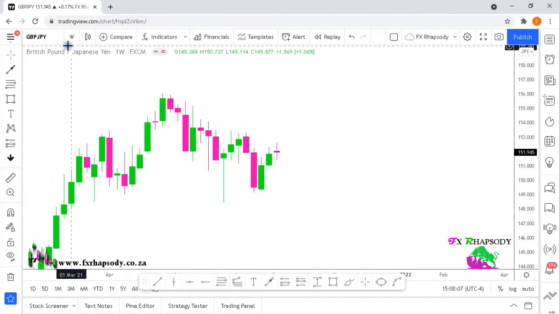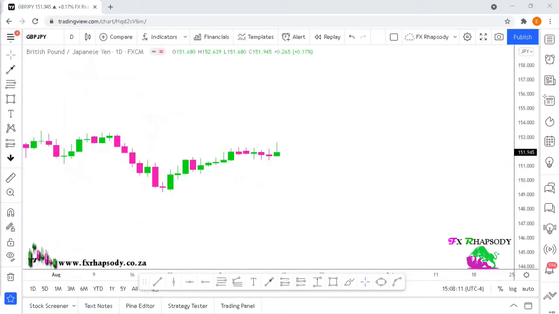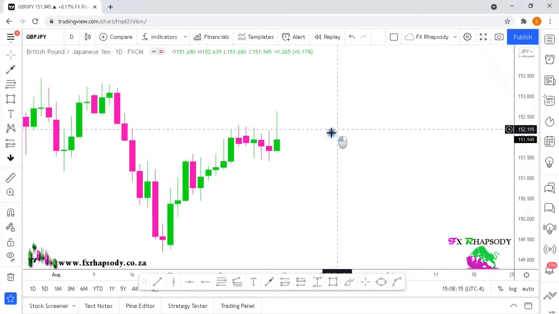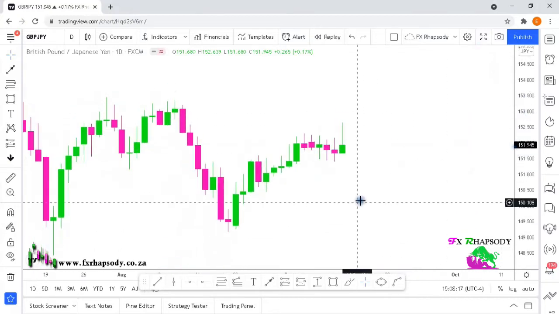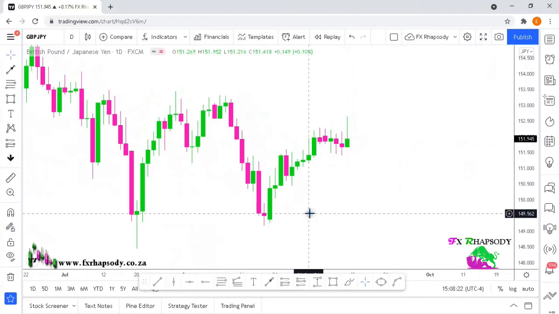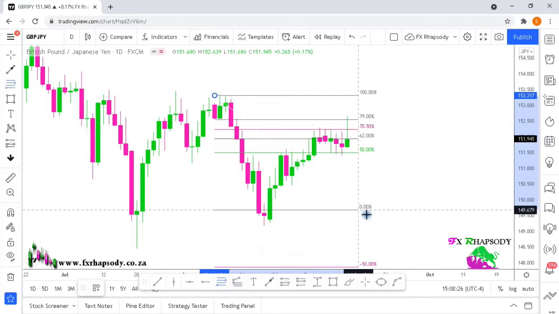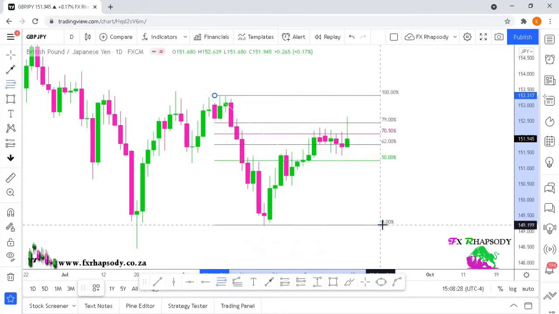On the daily time frame, let's see what the chart shows us. Expand it a bit. All right, I think this is pretty cool. This is the Fibonacci that I just pulled.